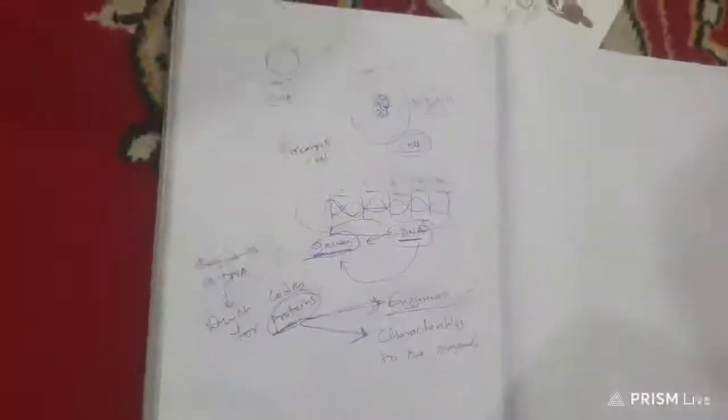Its entire life process. See, enzymes always catalyze chemical reactions. And what is life? Life is a set of chemical reactions. Respiration, nutrition, excretion, what are these? Chemical reactions going on inside the cell. Thousands and thousands of chemical reactions, for which thousands and thousands of enzymes are required to catalyze those reactions and make them possible.